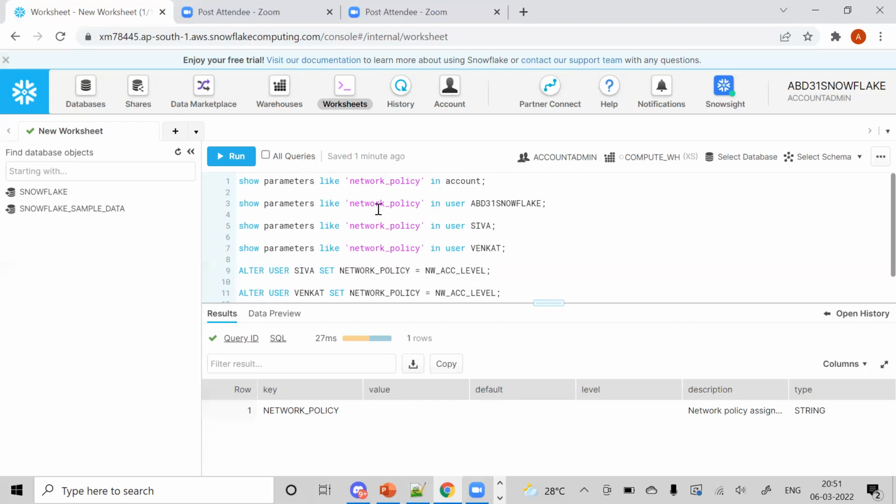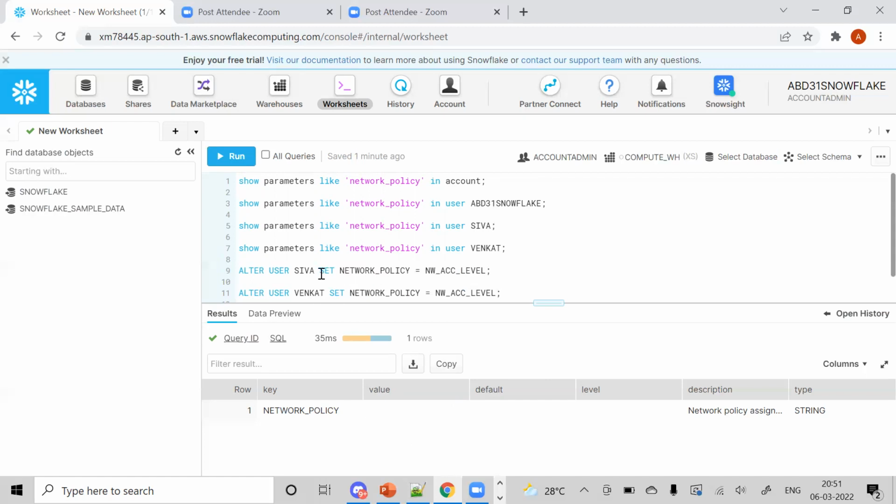At the user level also you can see show parameters like network policy in user. For my user, there's nothing. For you, there is, because I used the command alter user Shiva set network policy equal to the policy we created. That's why it is associated with you, and the level here is user level. For Venkat, I have not assigned anything. So that network policy is only enforced on Shiva user.